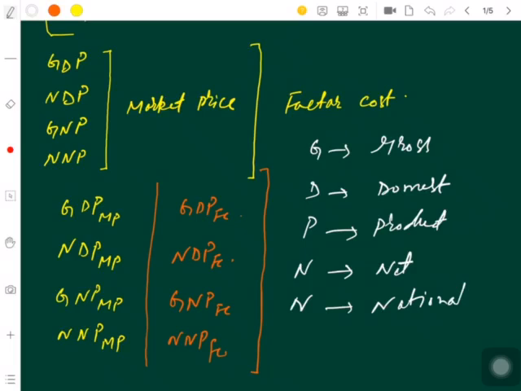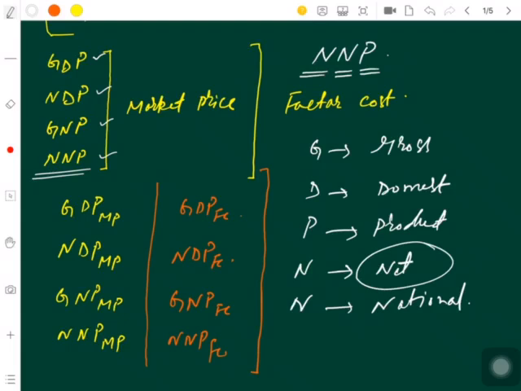So if I take only one example from all these aggregates, in order to make you understand properly, let me take NNP. At first this N, second is again N, P is the product. P is here, here, here, here. Everywhere you will find it. But this N, if it comes first, will be associated with net.